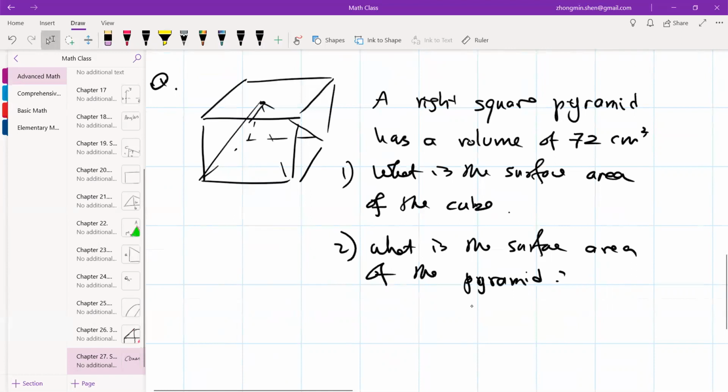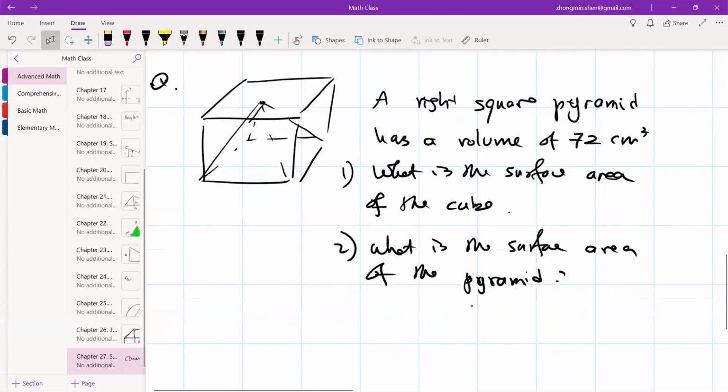You know, the top of the pyramid touches the top face of the cube. So the key point is you have to find the edge length of the cube.